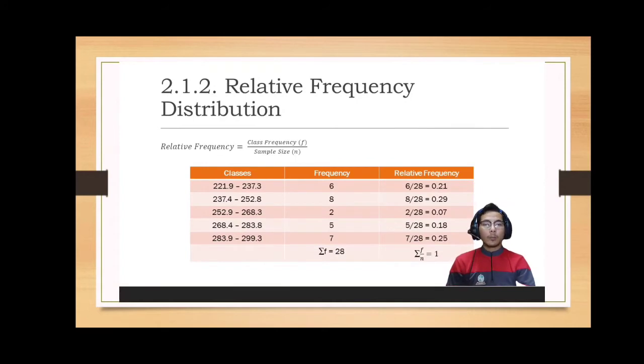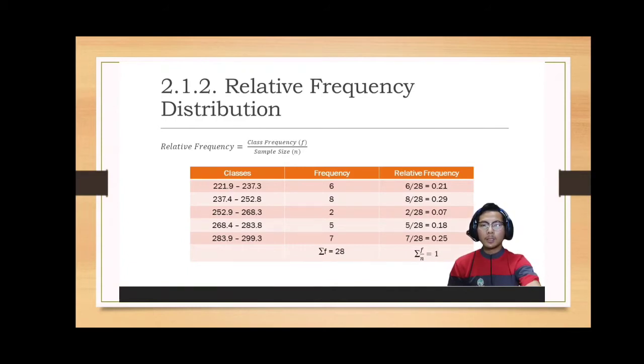For 2.1.2, relative frequency distribution. The formula for relative frequency distribution is class frequency divided by sample size. We also use a table to provide the data, where the first column is classes, the second column is frequency, and the third column is relative frequency.